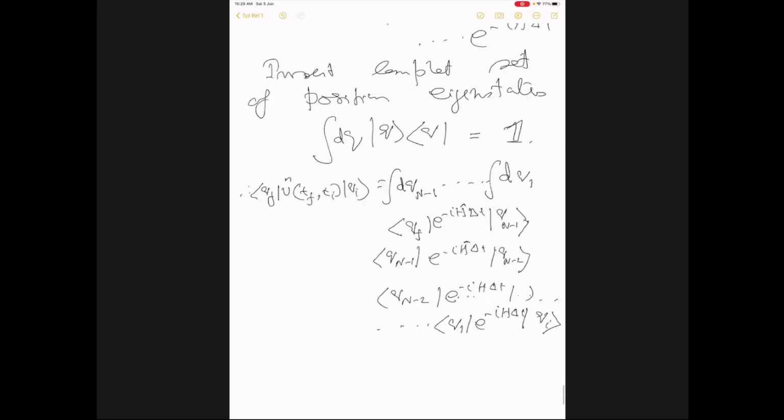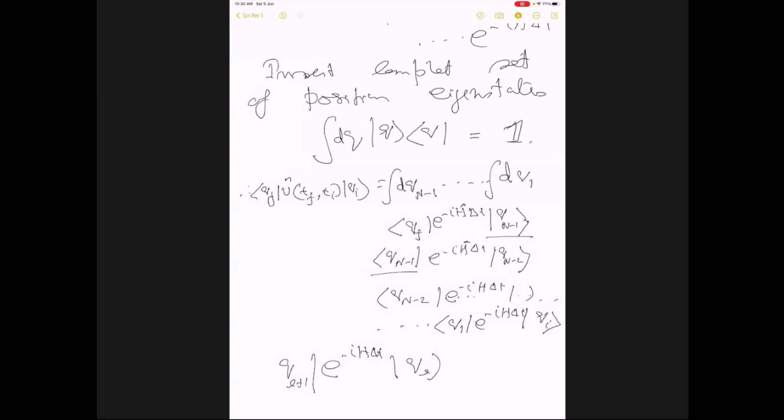So now you see that I have plugged in a number of such boundaries. Between i and f, if there are n divisions, I have broken into n parts, there will be n minus 1 such small things, and I have just plugged them in. And I call this term <Q(l+1)| e to the power minus iH delta t |Ql>.